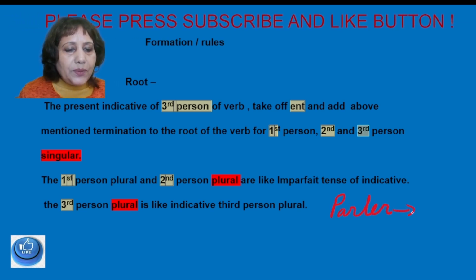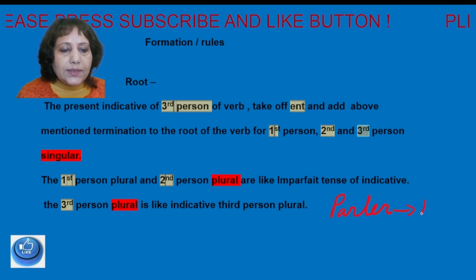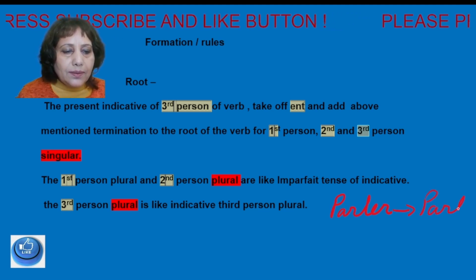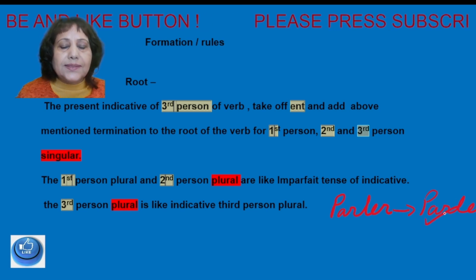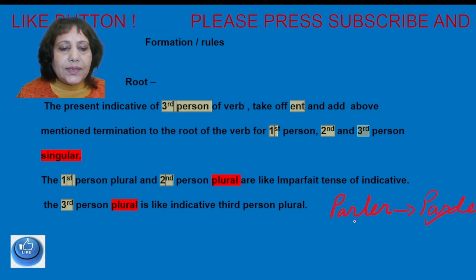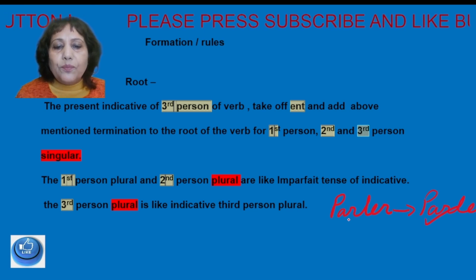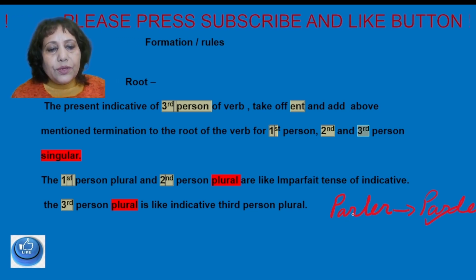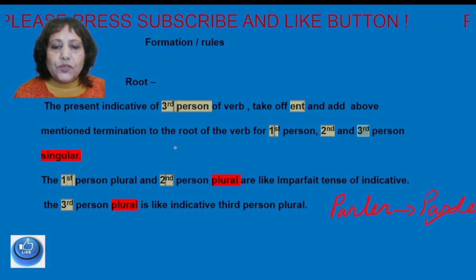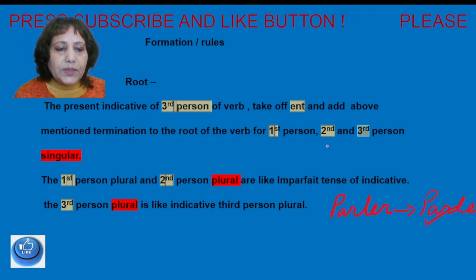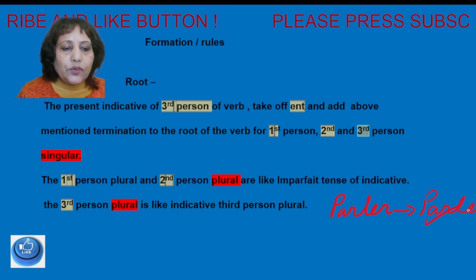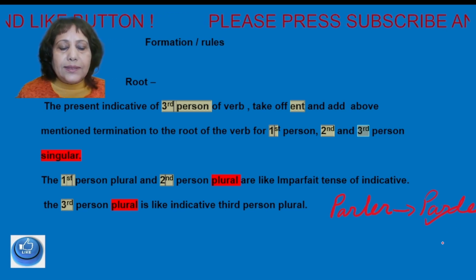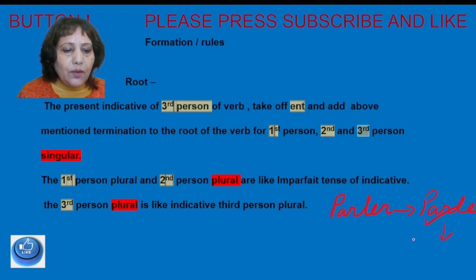So, its third person plural is parlent. Alright. So, we will be taking this from the indicative present of the infinitive parler. Alright. So, the present indicative of the third person, that will be this one. Take off ent. What do we do? We take out the ent. So, what is the root now? Parl.